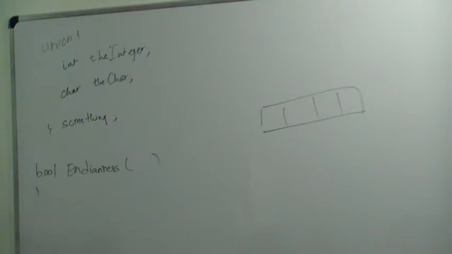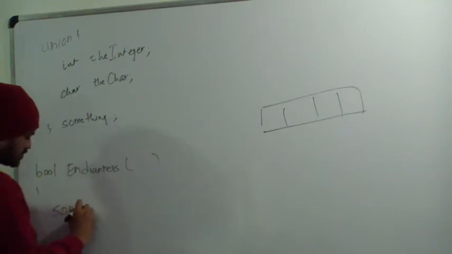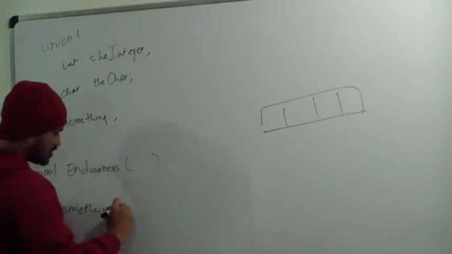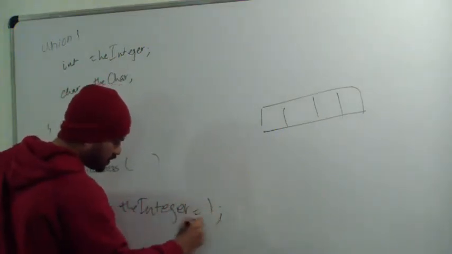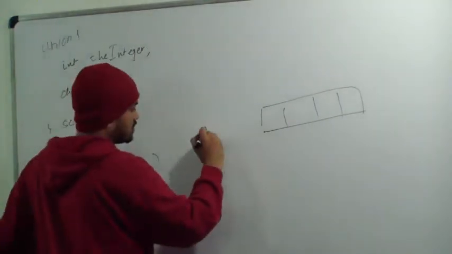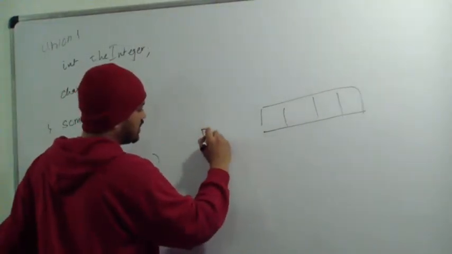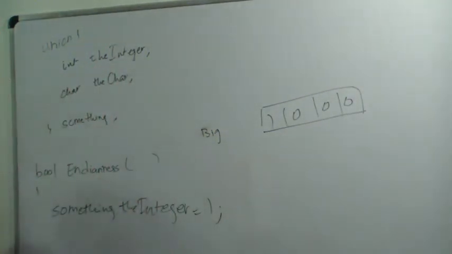Exactly what you said. If I were to say something dot the integer equal to 1, if it is a big endian, this is how it will be.